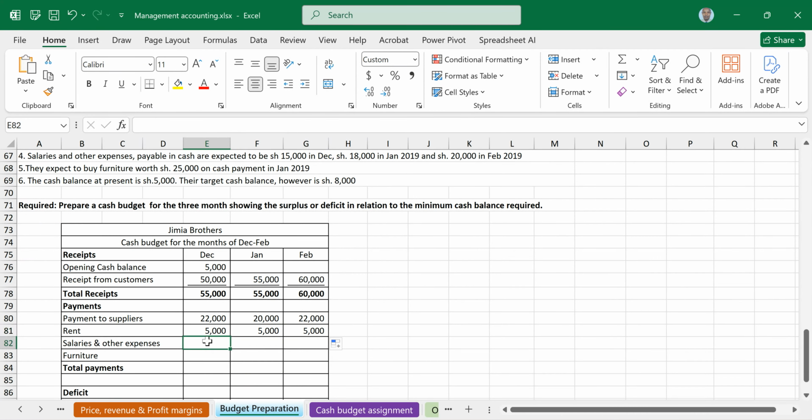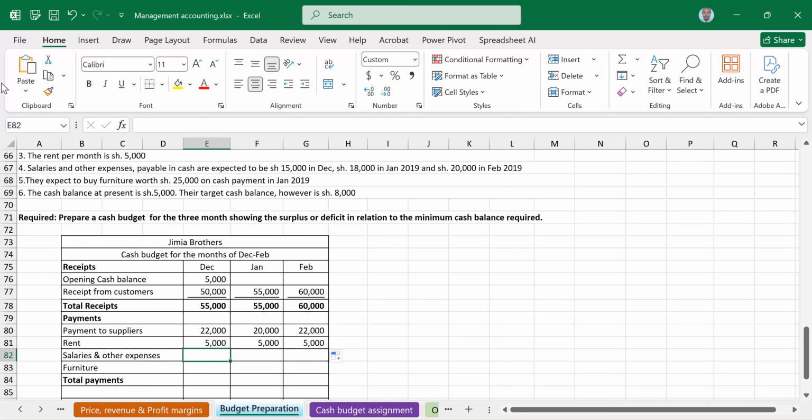Salaries and wages, additional information number 4. Salaries and wages and other expenses payable in cash are 15,000 in December, 18,000 in January, and 20,000 in February.